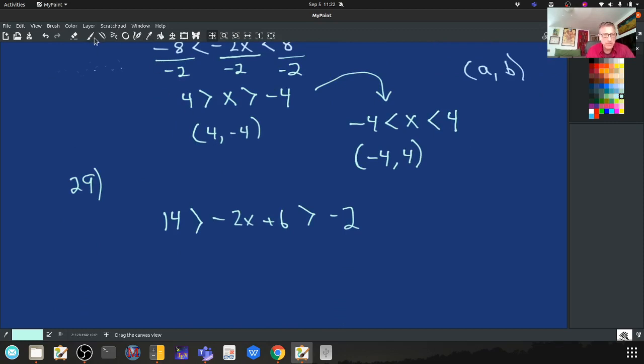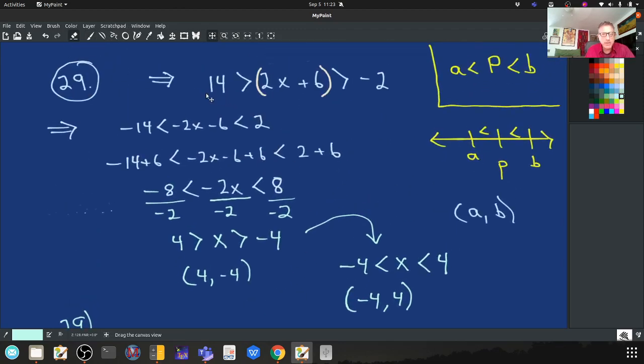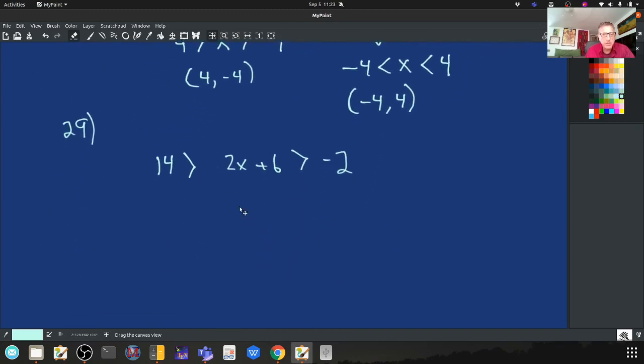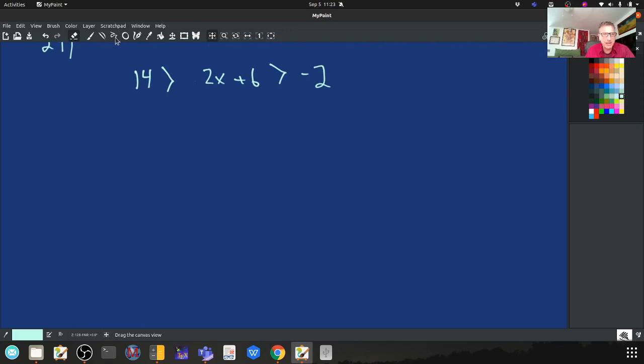So let's look at what I originally had. There's another way you could have done this. Sorry, you can fast forward if you're just curious. So here's my original: 14 is greater than 2x plus 6 is greater than minus 2. I copied the problem down to the screen different than what was on my paper.